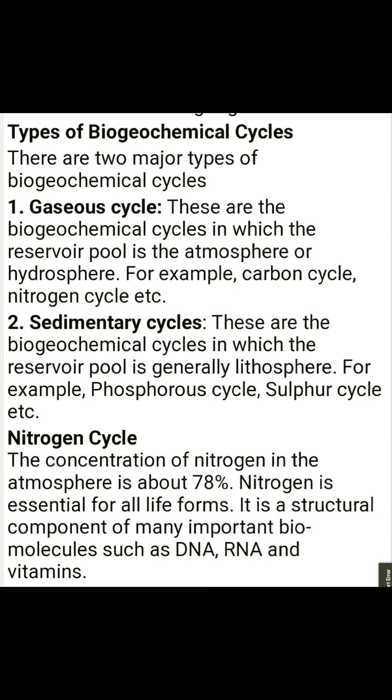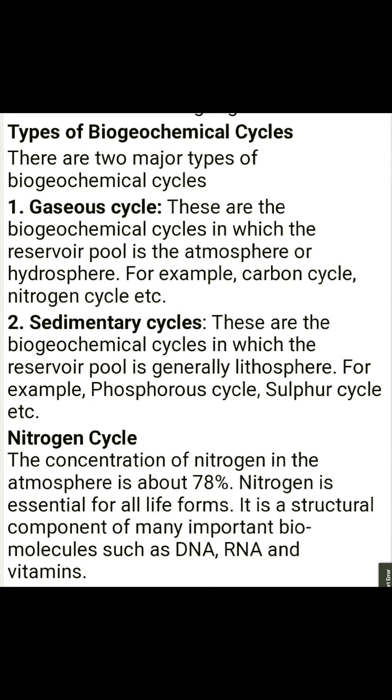It is the structural component of our genetic material, DNA and RNA, which are made up of nitrogen, and the vitamins which develop our immune system also require nitrogen. So this is the importance of the nitrogen cycle.